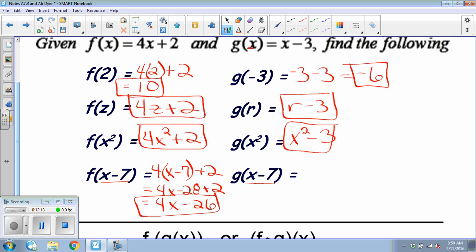Write it out and you'll see what you need to do. So instead of x, we put x minus 7, minus 3. That's not times negative 3, that's minus 3. So that's x minus 7 minus 3, which is x minus 10.